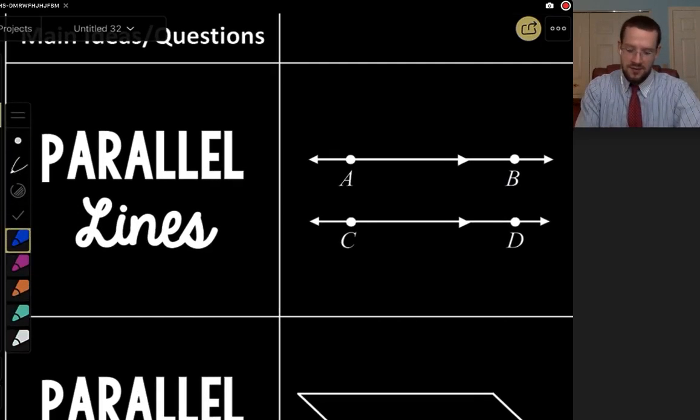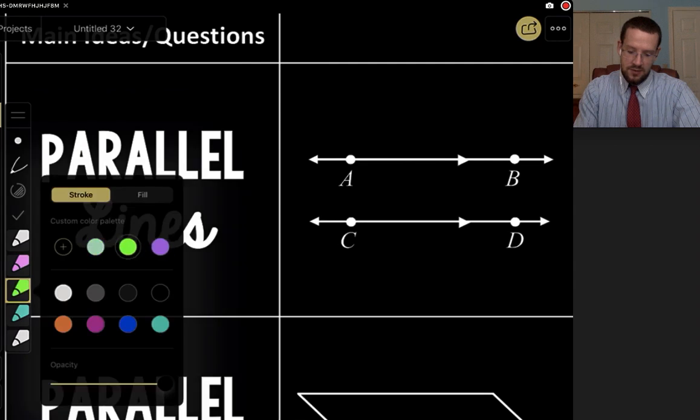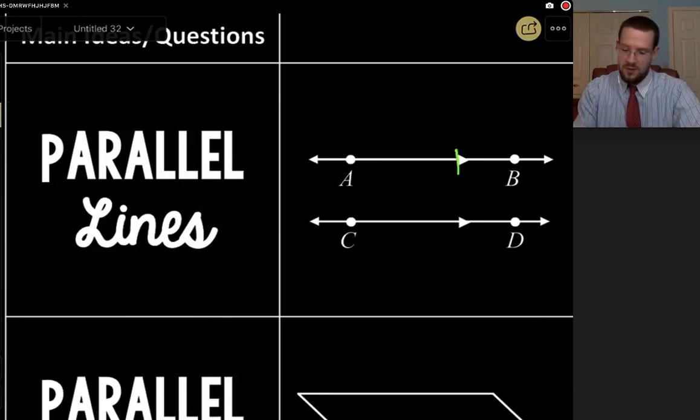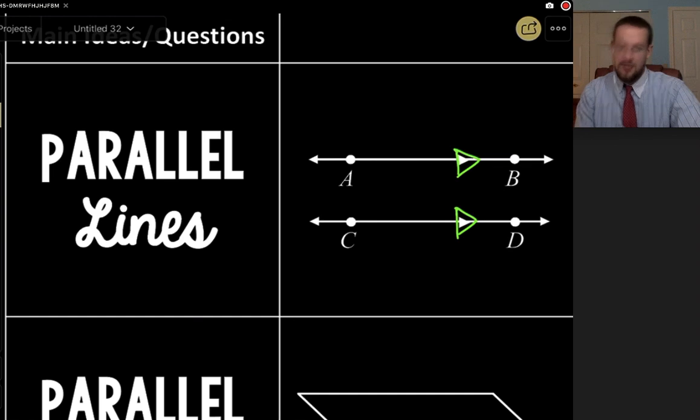And the notation for parallel lines is a little arrow on the line. So here, notice there's a little arrow on the line. These two arrows let us know that these are parallel lines.